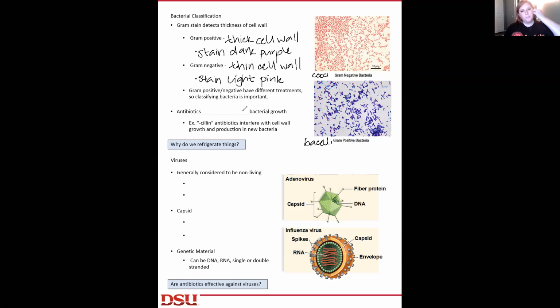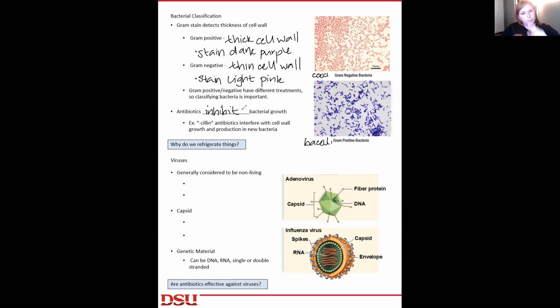All of those are actually enzyme inhibitors that interfere with the ability of bacteria to build cell walls. Without that ability, they can't reproduce. The bacteria can't produce more bacteria. So these antibiotics are going to inhibit bacterial growth.